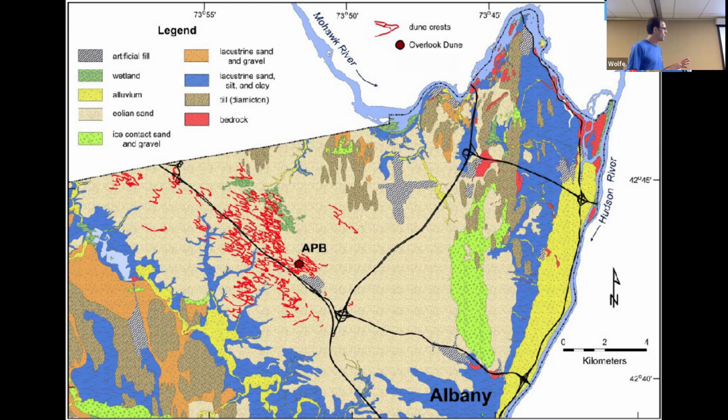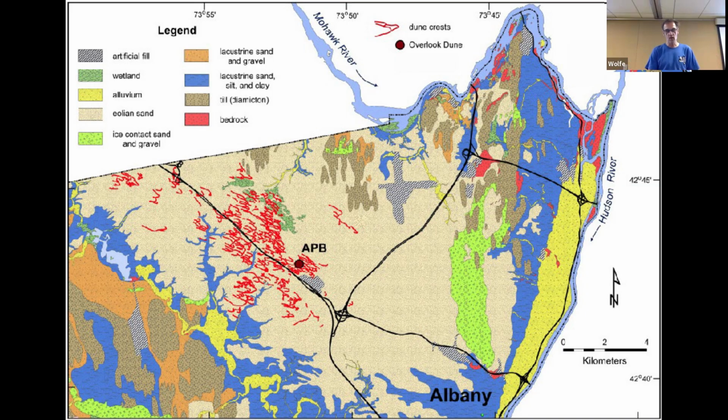Important things about the color: the light brown is aeolian or windblown sand. The red are the well-developed dunes. The blue are lake sediments. So the whole area is essentially surrounded by, and the dunes have formed on, these lake sediments, those lake sediments being the Glacial Lake Albany.